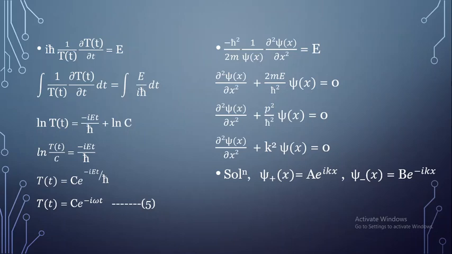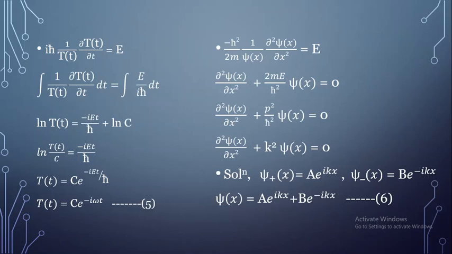These can be clubbed, that is, we get the solution for ξ(x) as the sum of the terms, a exponential of ikx plus b exponential of minus ikx. Let us call it equation number 6.